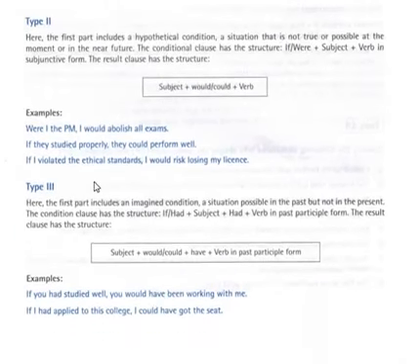When are you going to use type 3? Type 3 is used when you wanted to talk about a situation which was possible in the past, but in the present it's impossible. At that time, if you wanted to apply this condition to a situation, you can go for type 3.